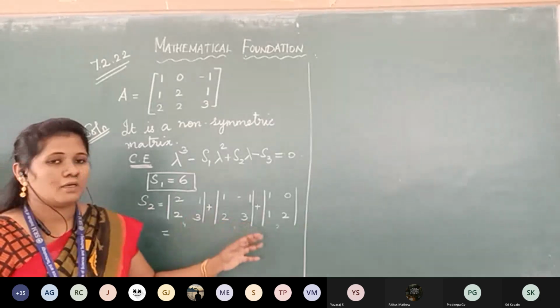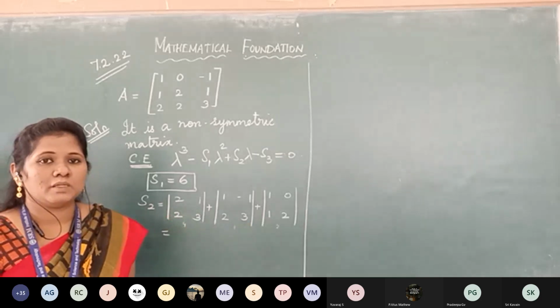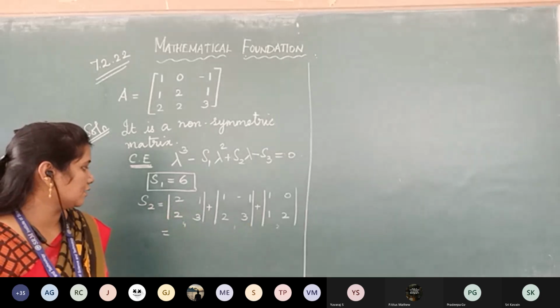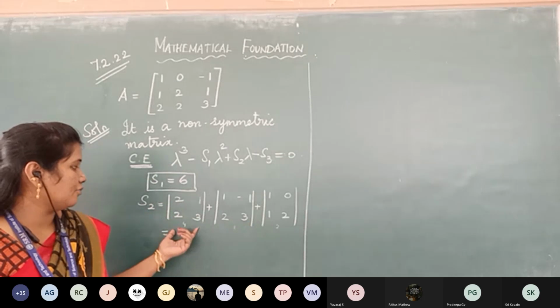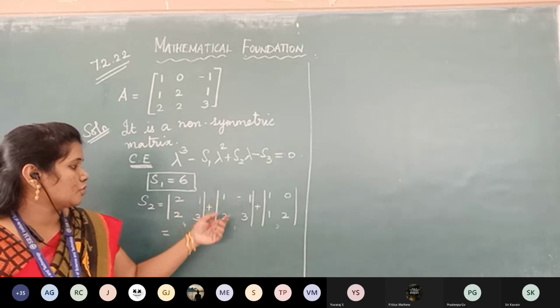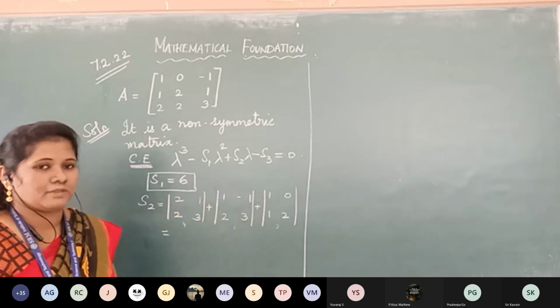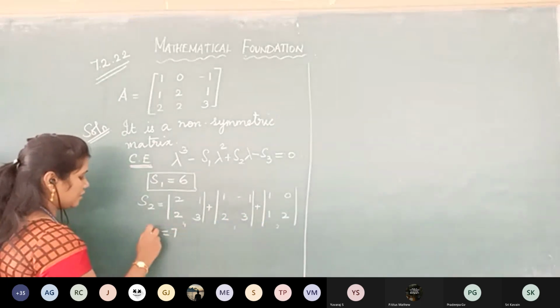I've written the minus. Now you multiply, find out and tell me the value. The first one you're getting is 4: 6 minus 2 is 4. 3 minus 2 is 1. 2 minus 7. Very good.